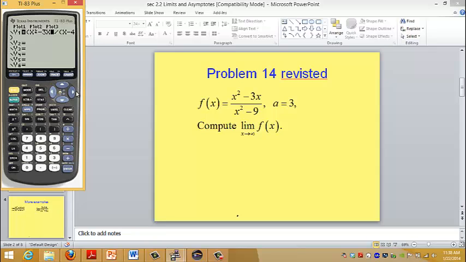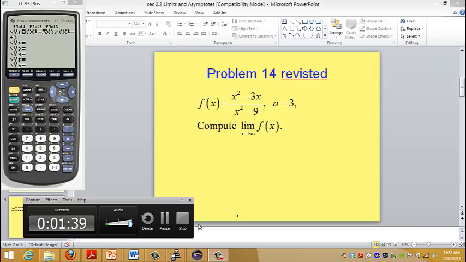X squared minus 3x over x squared minus 9. Okay. So I'll go ahead and graph. Error. What did I type in wrong? Well, we need a 9. Thank you. All right. Let's try graphing that.